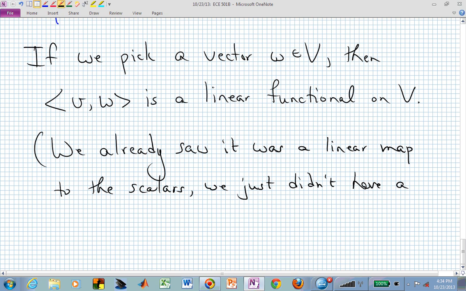So now you can go home and start talking about linear functionals and impress everybody. But you now know that that could just be an inner product. But it's a linear functional. We just didn't have a special name for it before. Now we do.